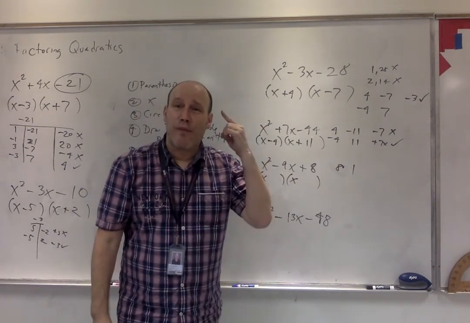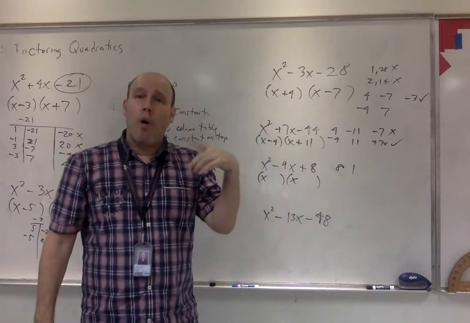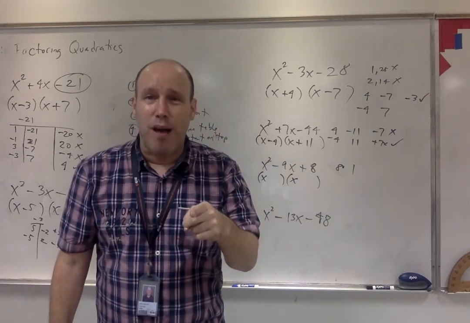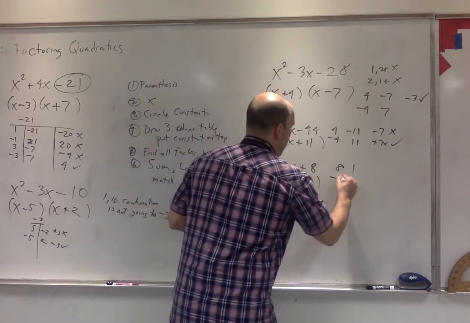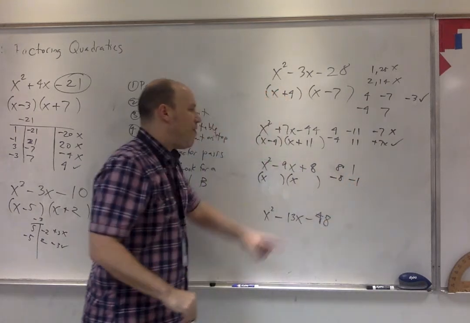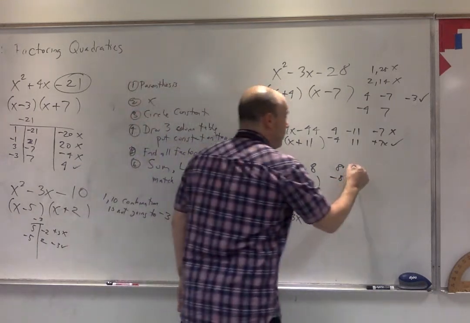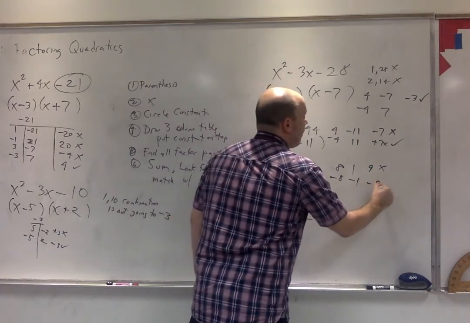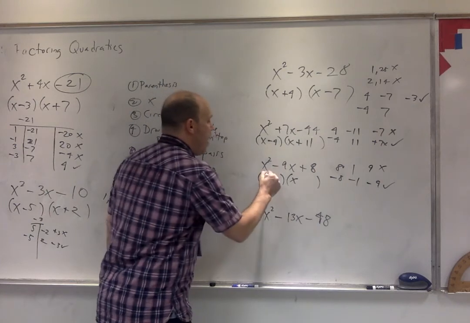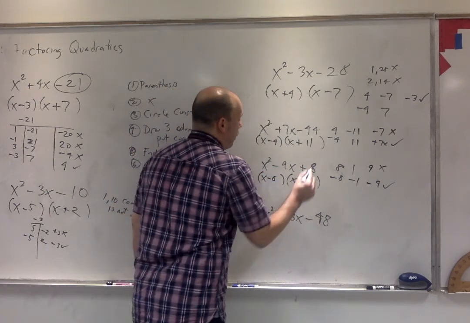But then I remember from 4th or 5th grade, although a positive times a positive is positive, a negative times a negative is also positive. That's my match. 8 plus 1, 9? No. Negative 8 plus negative 1, negative 9. That's my match. (x minus 8)(x minus 1).